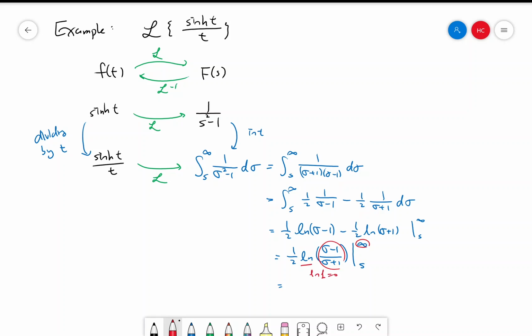So that part doesn't count. So the only part that counts is the s part, which is negative 1/2 ln of s minus 1 over s plus 1. Moving the negative sign, it's 1/2 ln of s plus 1 over s minus 1. So this is our answer.